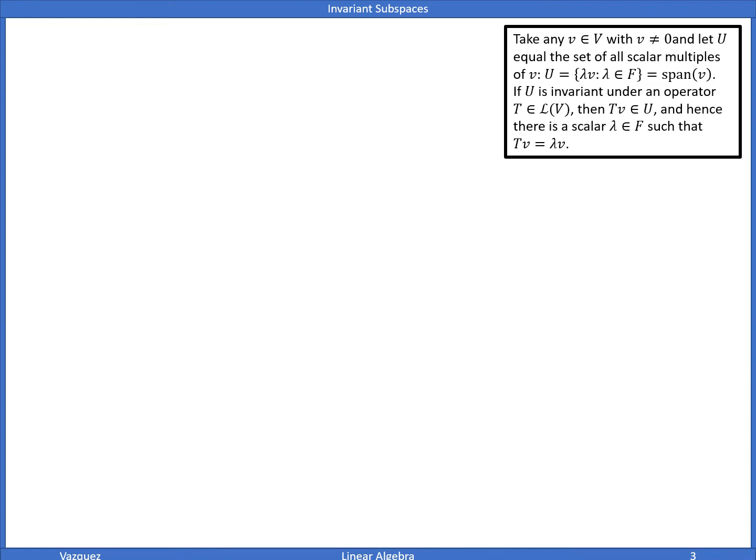Also, I should mention, before I move on, this equation only has v; we're scaling v, right? So the span of v is one dimensional.